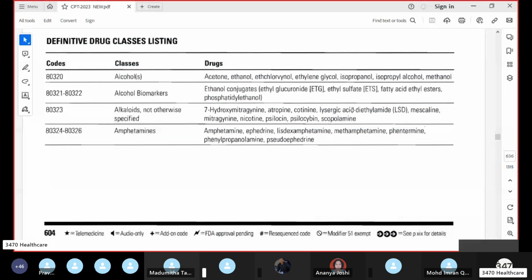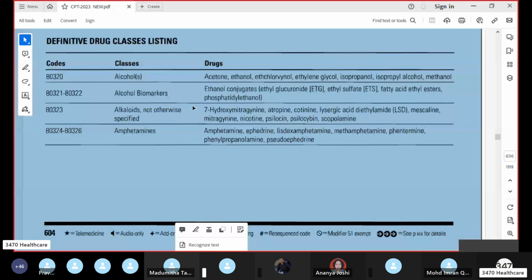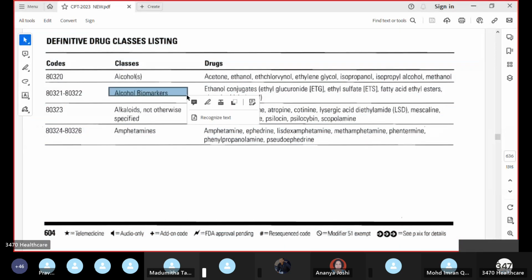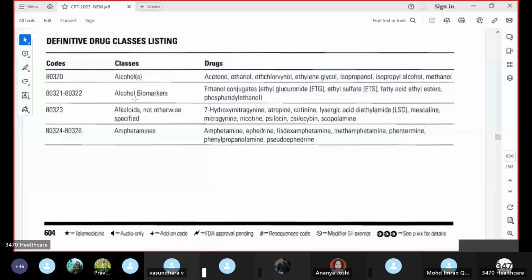Next one: ethanol conjugates, ethyl sulfate, fatty acid ethyl esters. So what class? What is the code? Yes, it is for alcohol biomarkers.